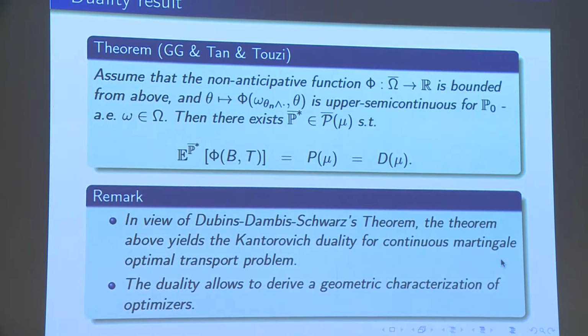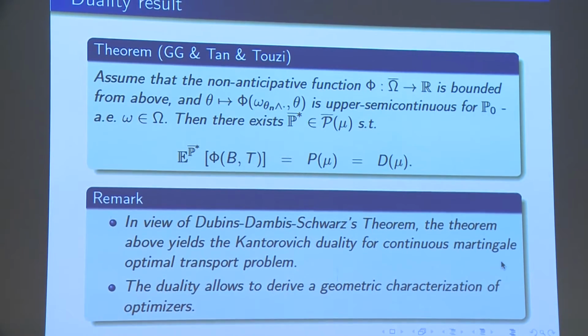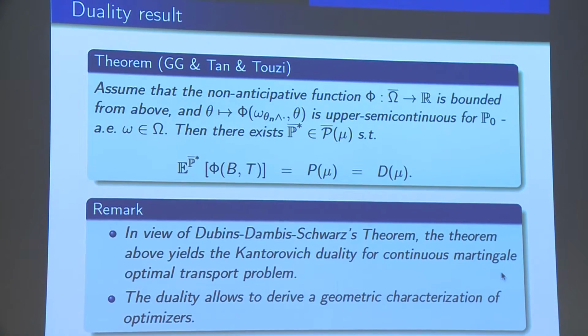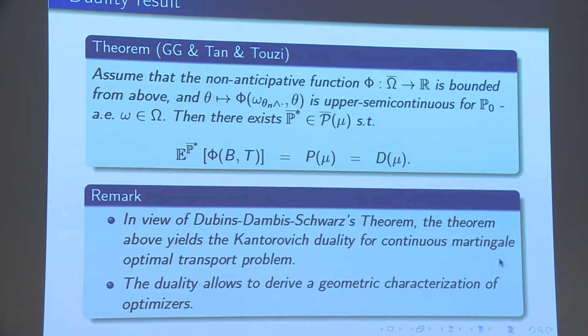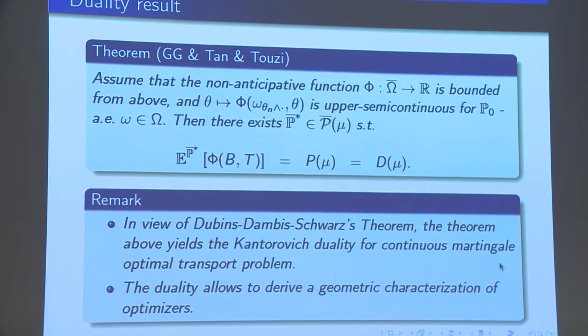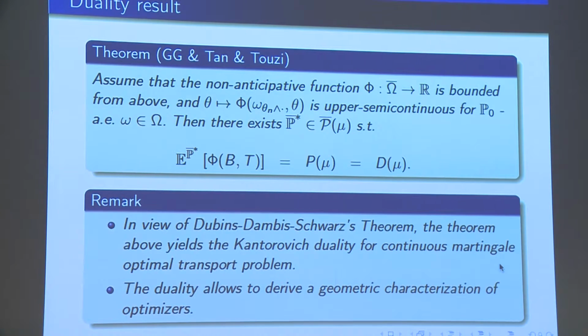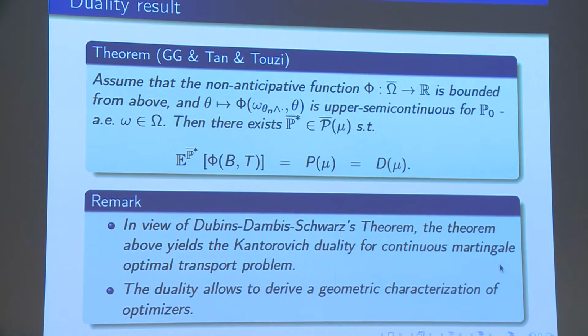So assume that this functional is upper semi-continuous with respect to the first component and with respect to the second component, theta. And the result is that there exists an optimizer, P bar star, and moreover, this duality holds.